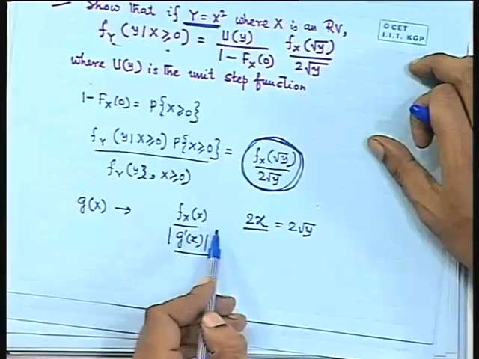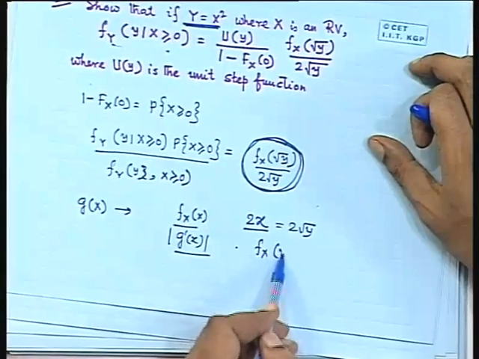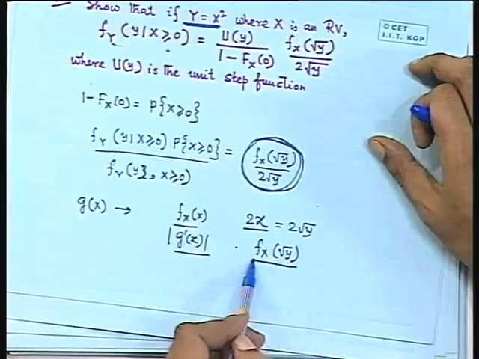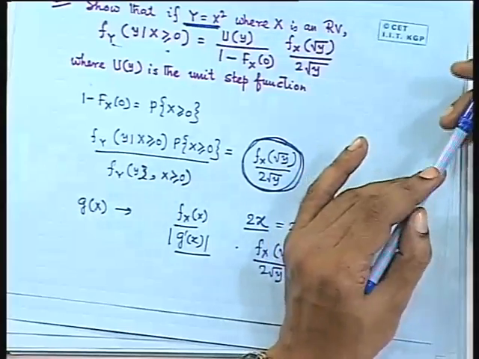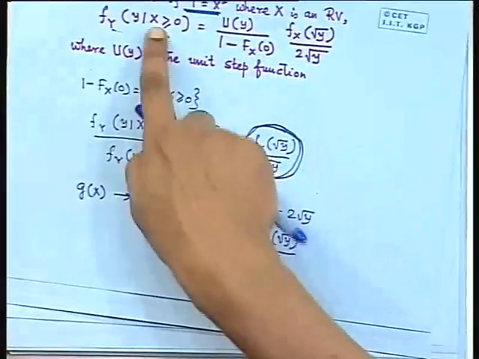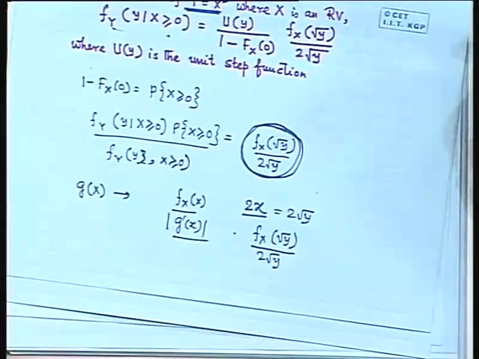So fx of x is written as fx of root y, and at the bottom you have twice x, that is written as twice of root y. Just simple application of the formula, only little bit twisted because of these terms. Understood? Okay. So this is also not.